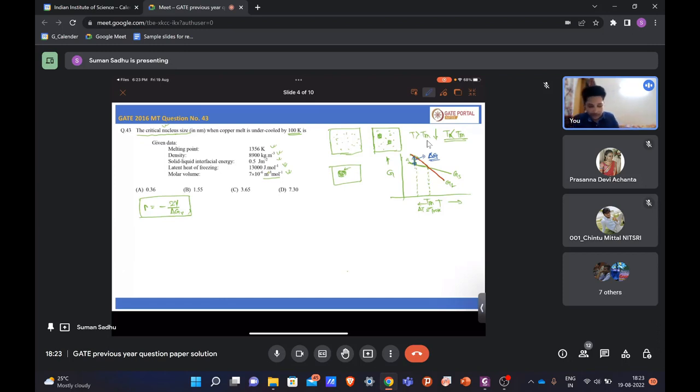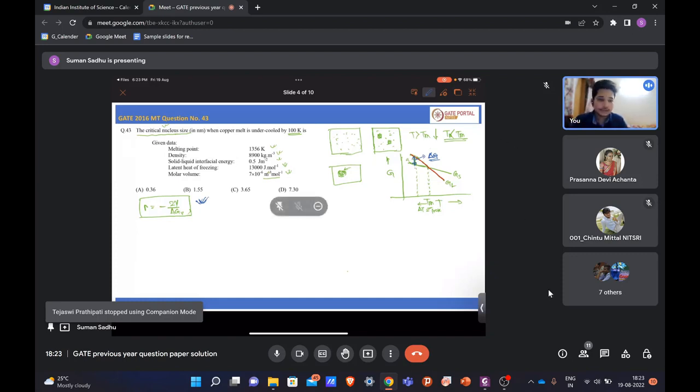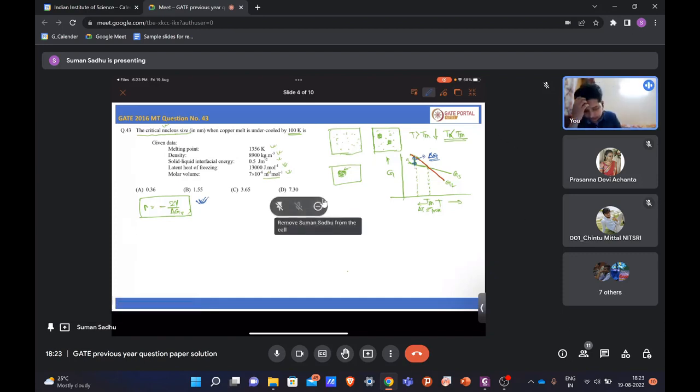Now, how is this formula coming? Anyone? Everyone might have remembered these equations, but how is this coming? This r star is equal to 2 gamma by delta G v.